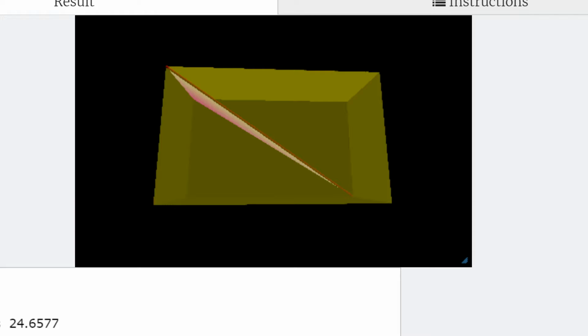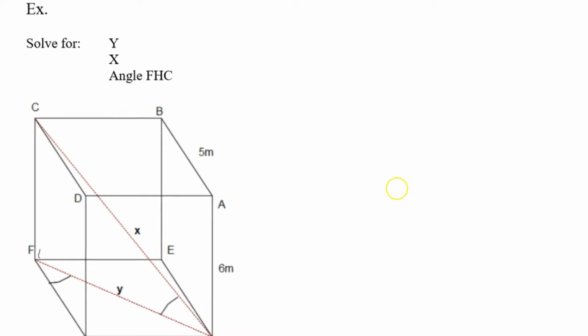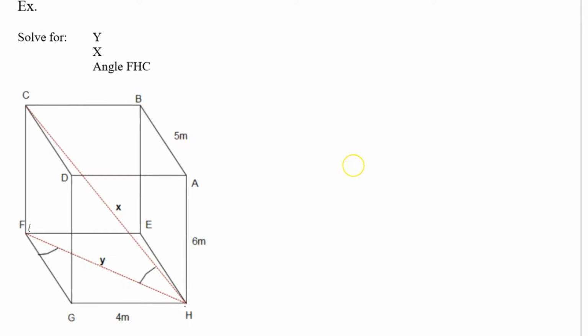The website for this is going to be in the description of the video. So let's move on to the example that I've prepped. Here's an example of a cuboid, or a rectangular prism, with a body diagonal that goes from C to H. We want to figure out what Y is. That's this one right here. Another way that we can name this Y is FH.